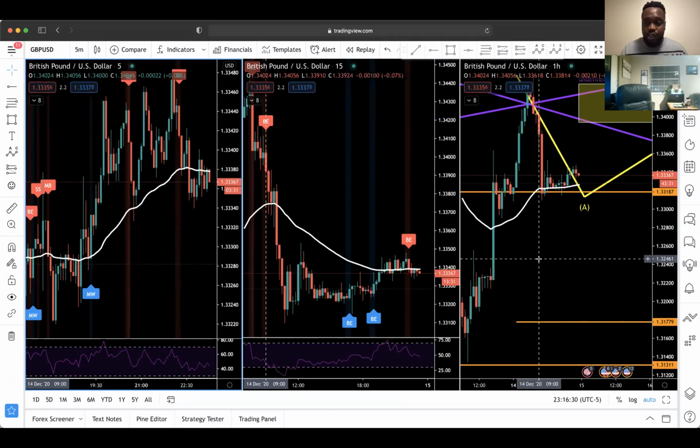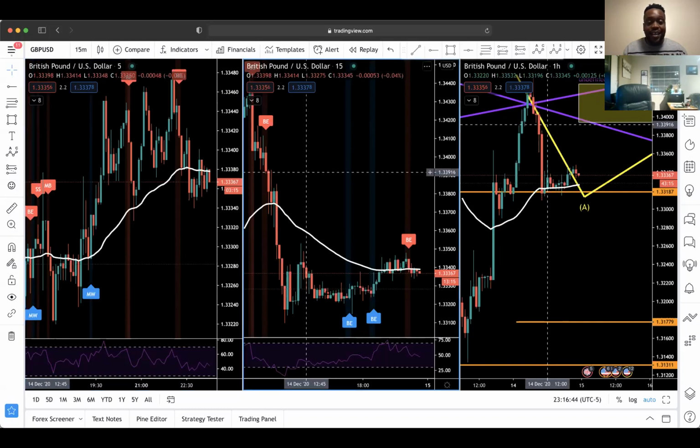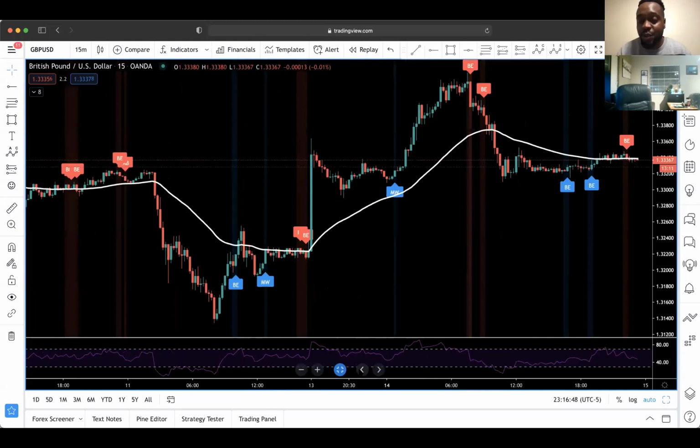All you're looking for in your first chart is structure that you're going to be trading off of, and you're looking for the trend and the momentum, so that way you can trade in alignment with that. So let's say since we want this to be bearish, since we're going bearish based off of this time frame, the second or the middle chart, guys, actually has to be trending in the opposite direction for me to take that trade.